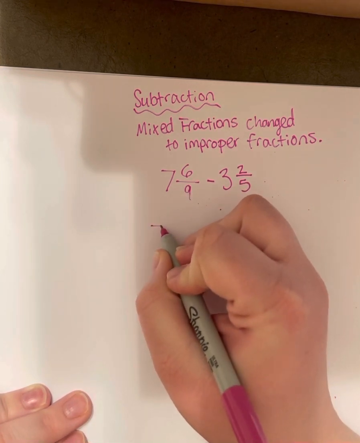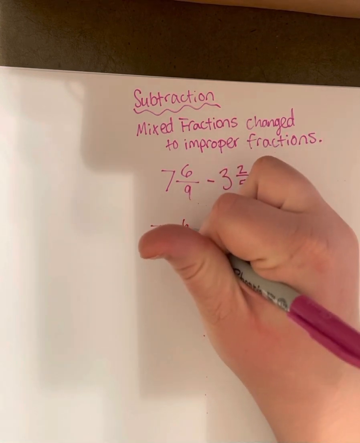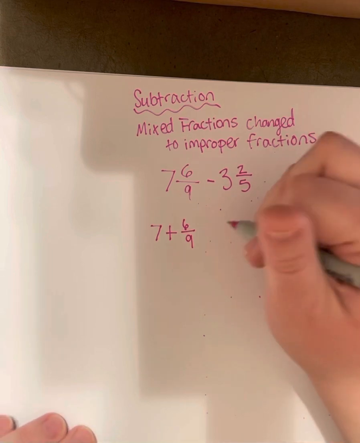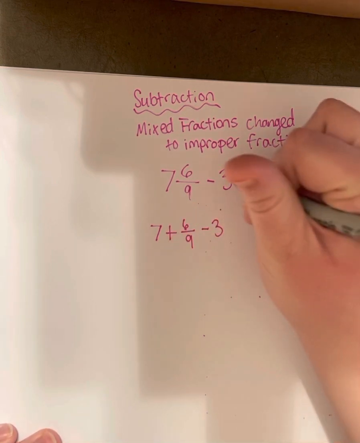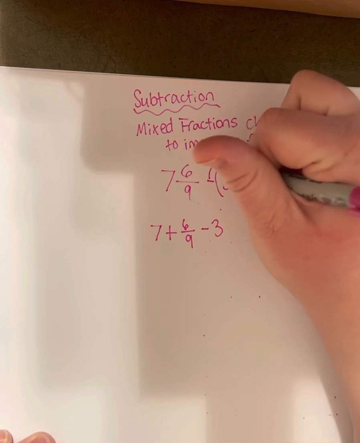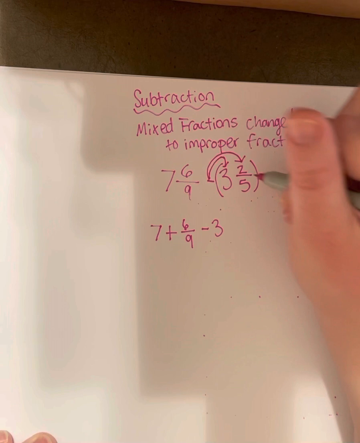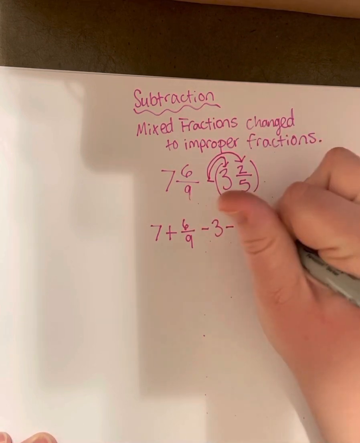So 7 plus 6 over 9 minus 3, and then we have to take this minus sign to both numbers. So it would be minus 2/5.